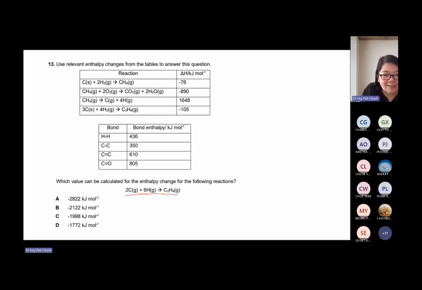So this C2H6 ethane has one CC bond and 6 CH bonds. If you draw the structure, one CC bond, 6 CH bonds. And you see here, all are gaseous atoms.